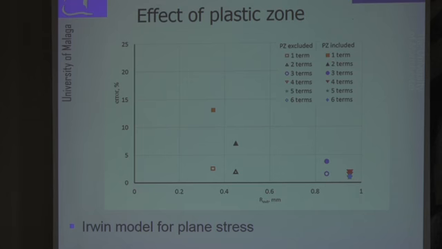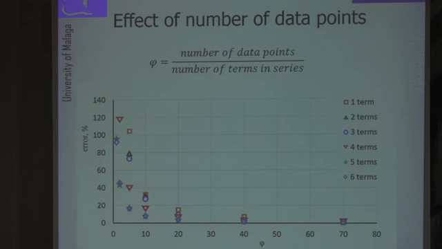In line with that, we also studied the number of data points that are required for the fitting. That has been studied through this phi number, which is the ratio between the number of data points and the number of terms in our Williams series.